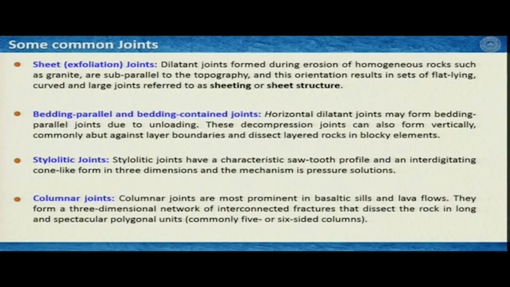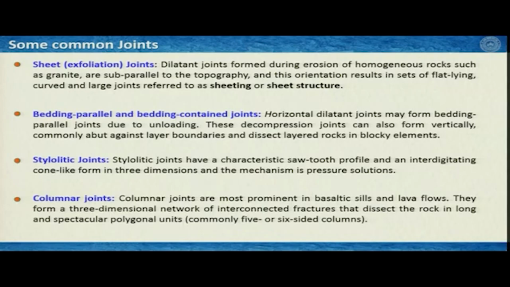Now, if you go to the field and see a granitic exposure, you must have seen that it is exfoliating, like an onion. So some curved joints appear, they are going out, they are falling apart. So this is a process of weathering, and these are essentially termed as sheet joints.